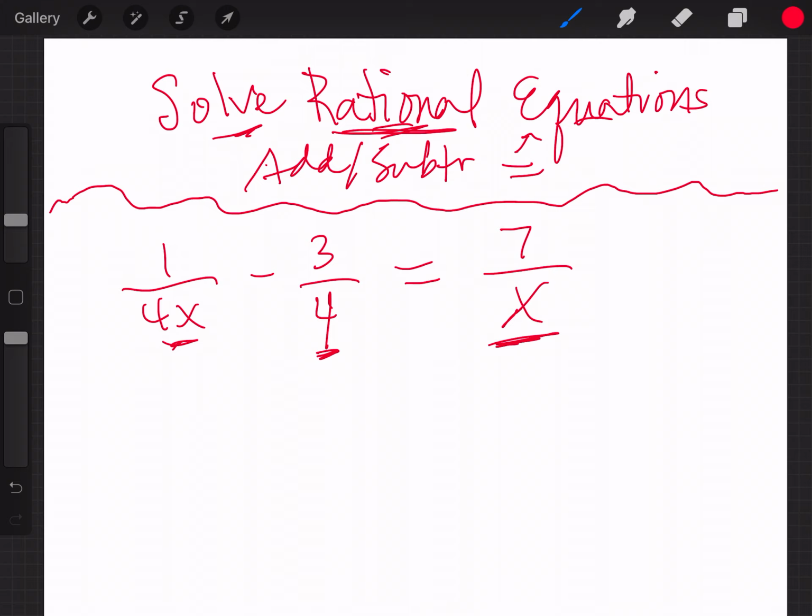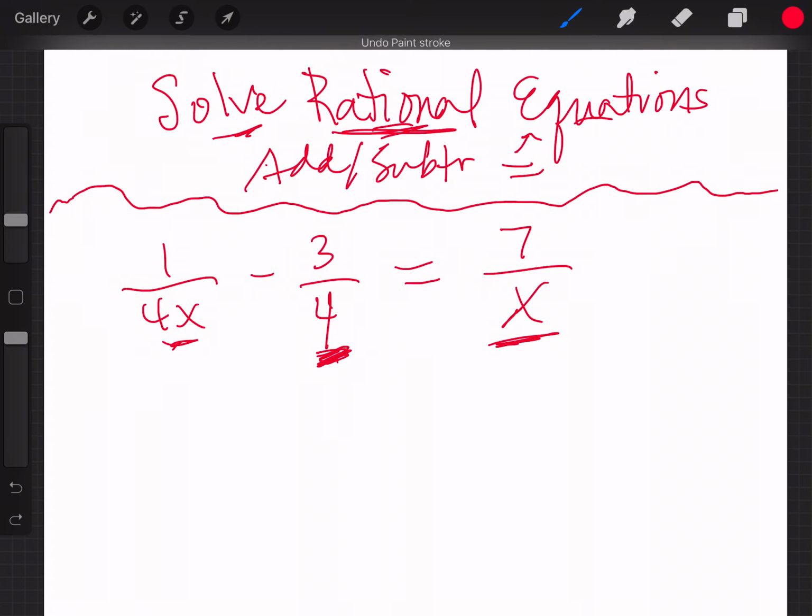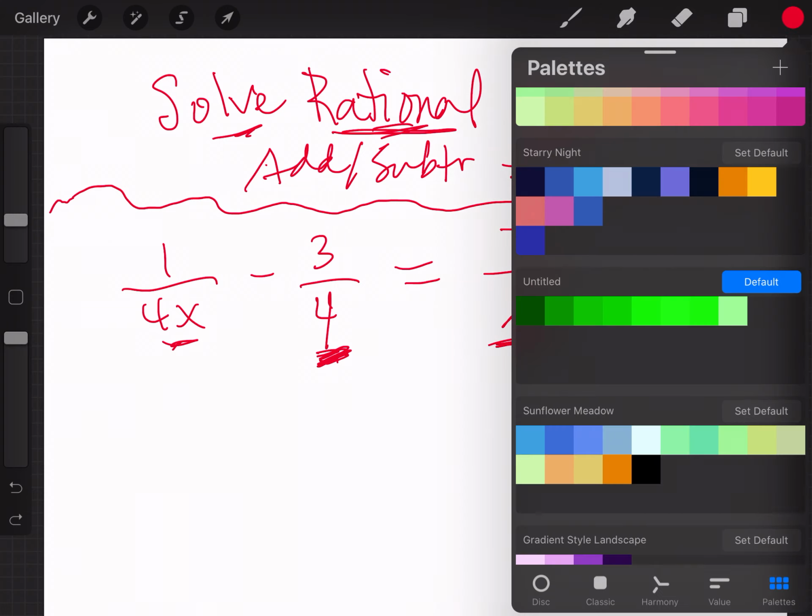So I've got a 4, an x, and a 4, and an x. So therefore, all of them need an x. This one right here doesn't have an x. So I'm going to put it, remember, whatever I put on the bottom, I have to put on the top. Hold on, I'm going to go back and change that to a different color if I can.